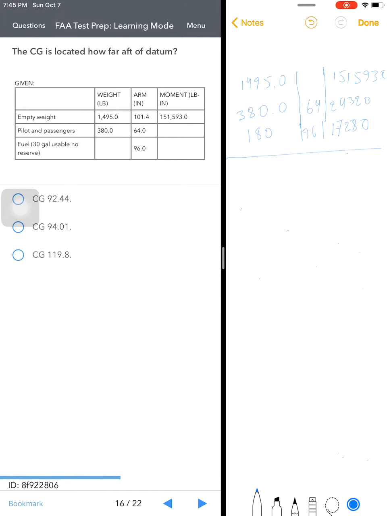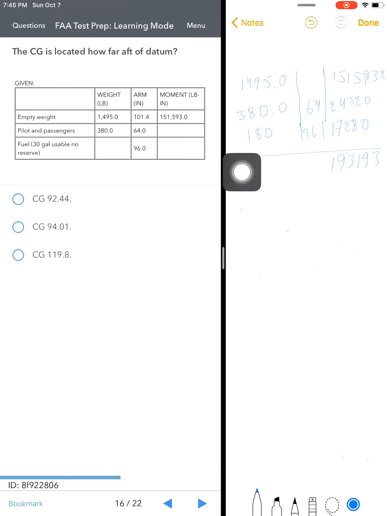So now let's add all these moments and weights and put it here. Total moment is 193,193.